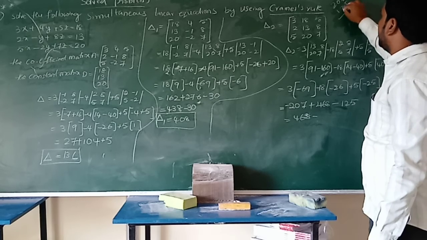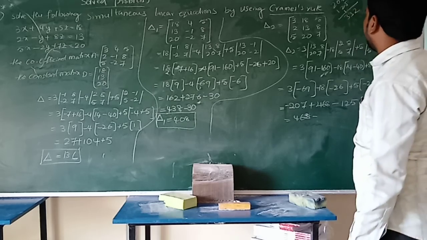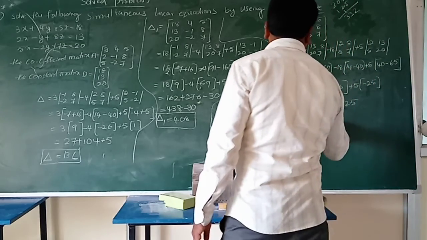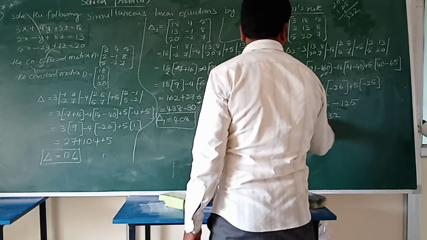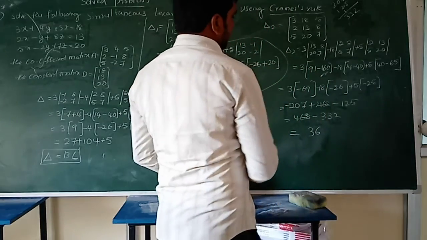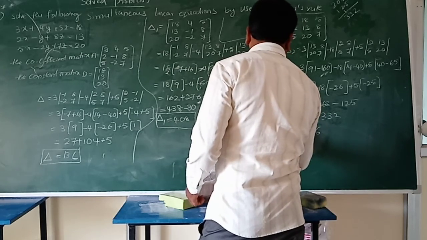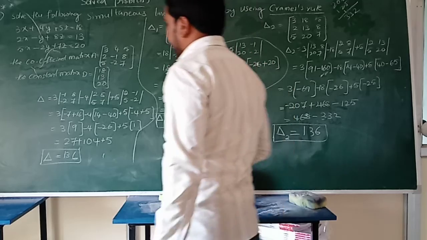This is 332. That is equal to 136. This is the value of delta 2. This is the value of delta 2 students.